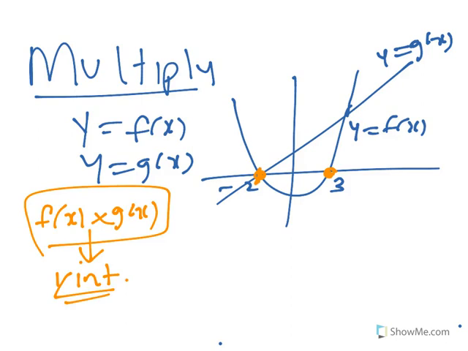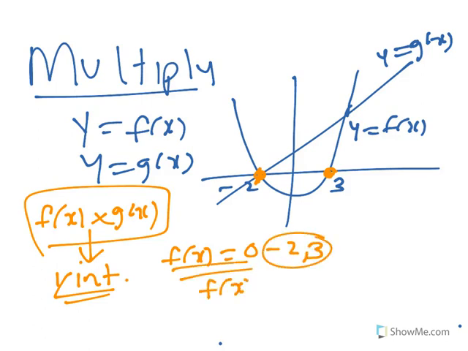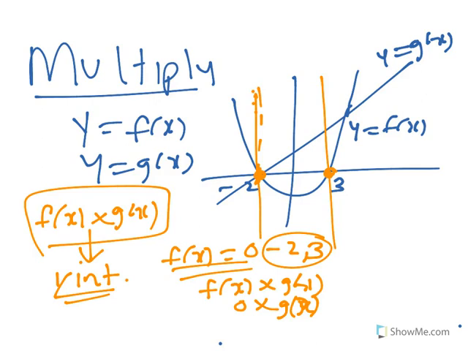Because when you multiply the y values, if f of x equals 0 at minus 2 and 3, that means the y values are 0. So when you multiply that times g of x, it'll be 0 times g of minus 2, or 0 times g of 3. So that means that at those points it's going to be 0, and that's all good.